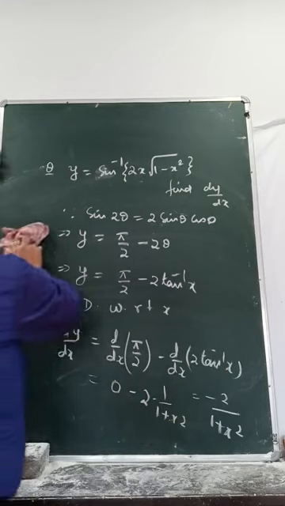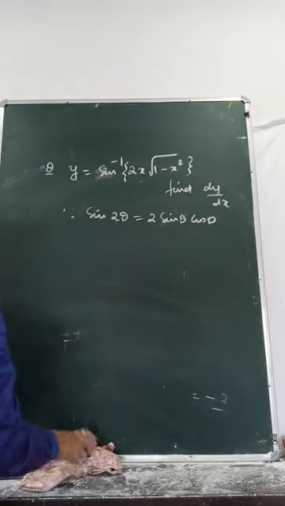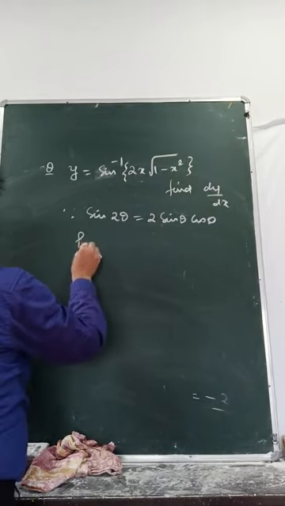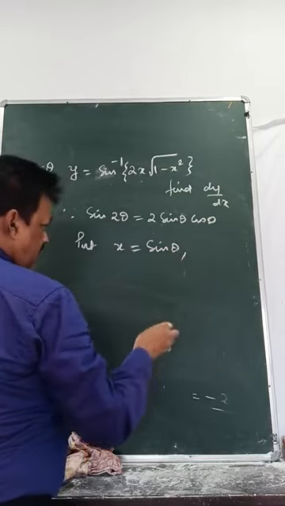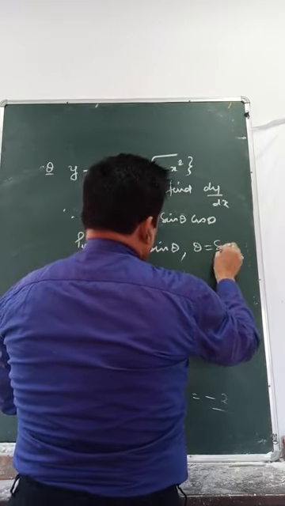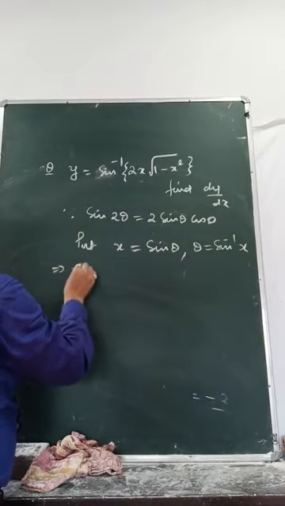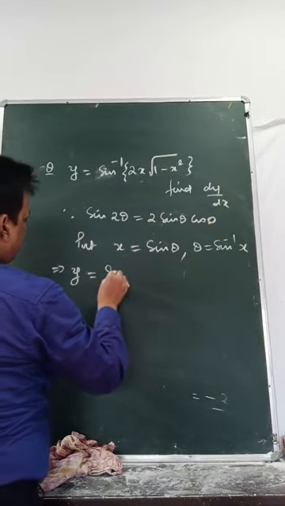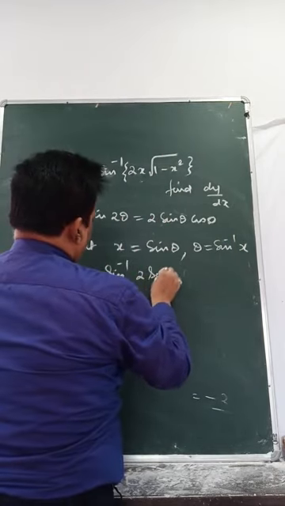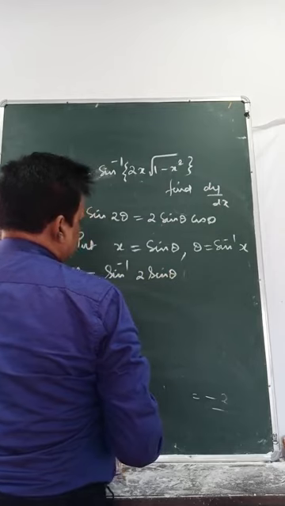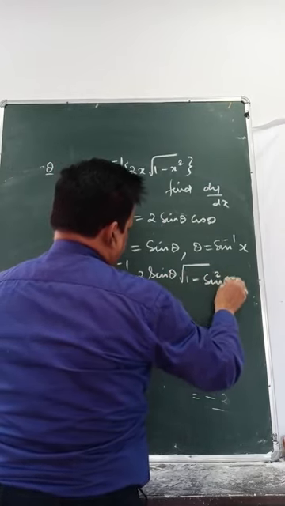So you can write, put x equals sin theta. Theta is sin inverse x. So this implies y equals sin inverse 2 sin theta root over 1 minus sin square theta.